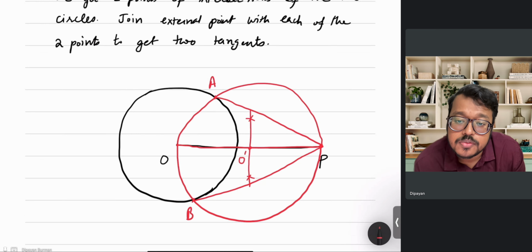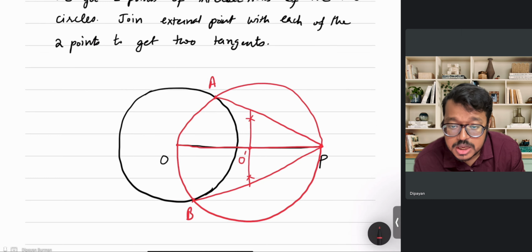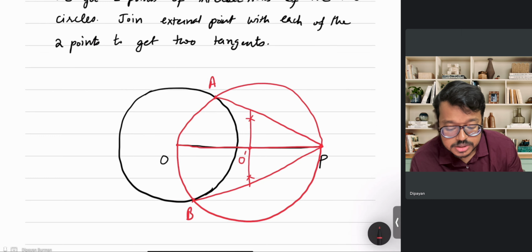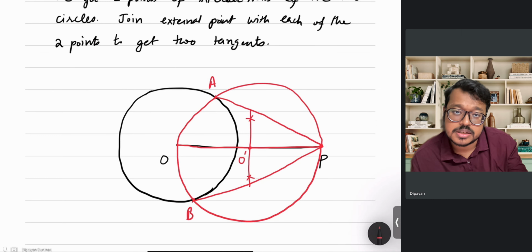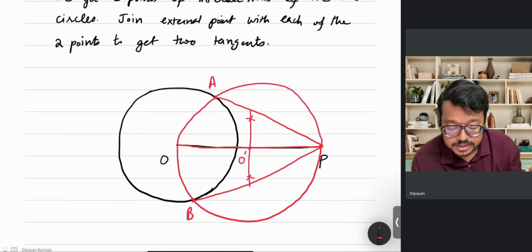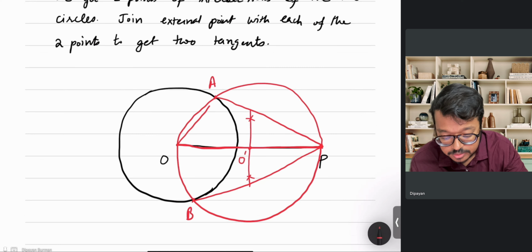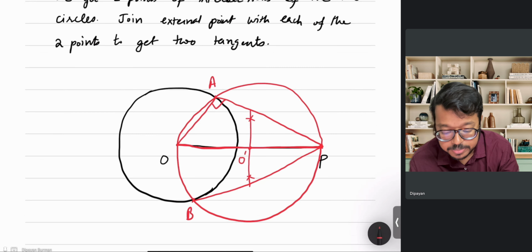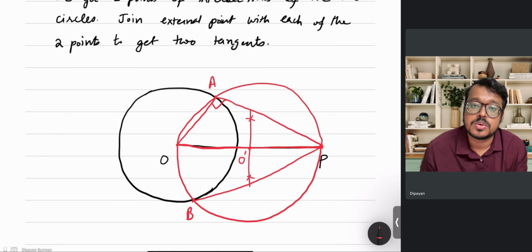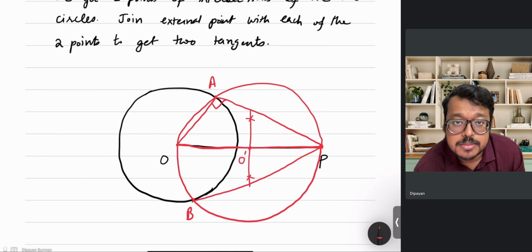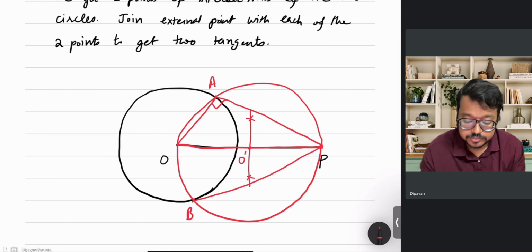PA and PB will be tangents to the circle with center O. And the reason is that because you have drawn the second circle, which is on the right side with red color, and you have taken OP as the diameter. If you join OA, then angle OAP will be 90 degree, because you know that angle in a semicircle is right angle.